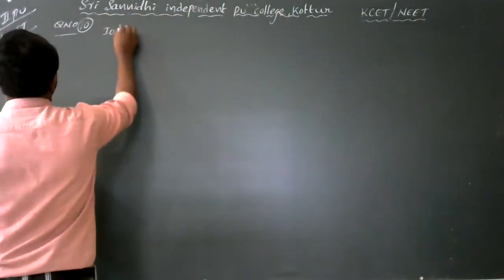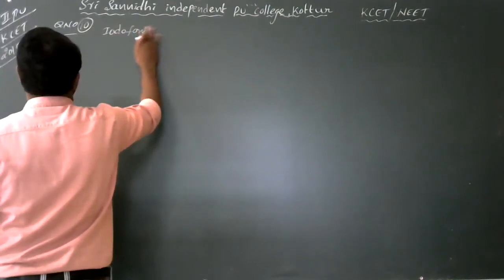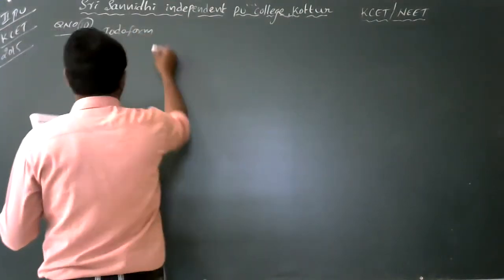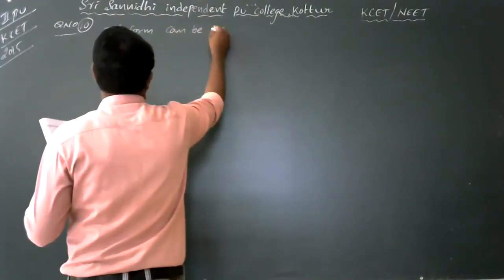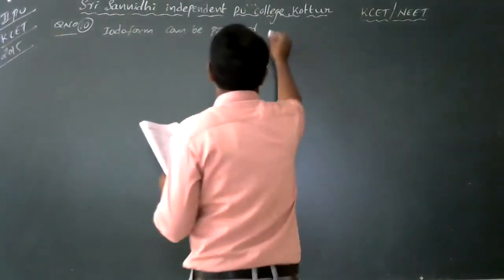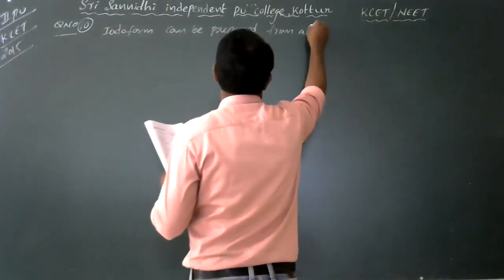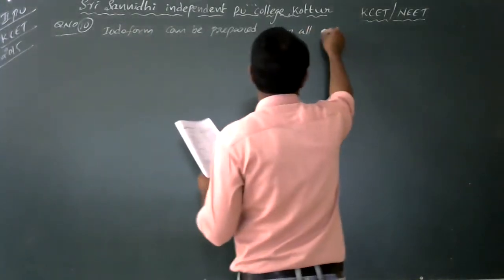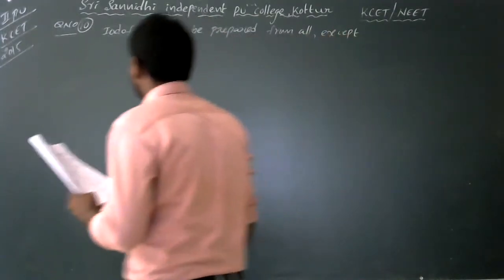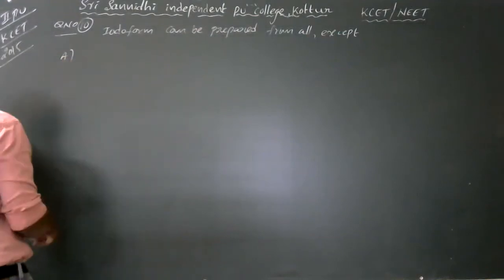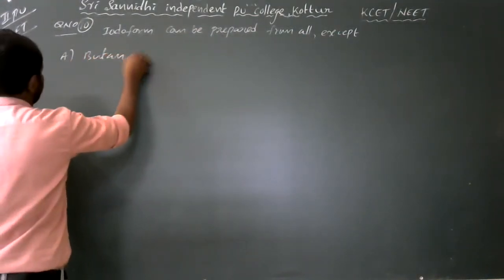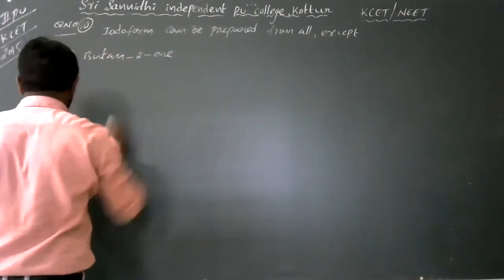Iodoform can be prepared from all except which? Option A is butan-2-one.